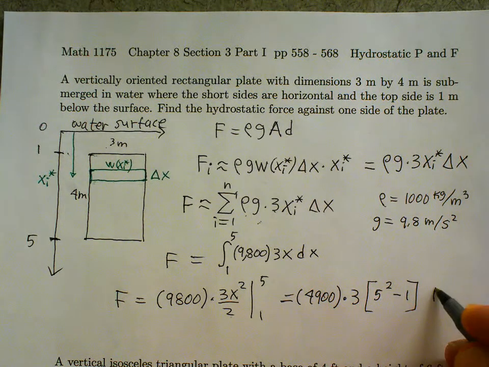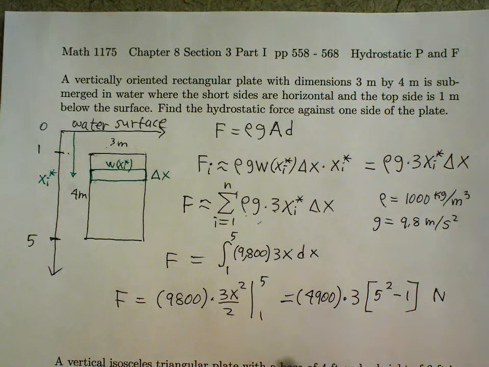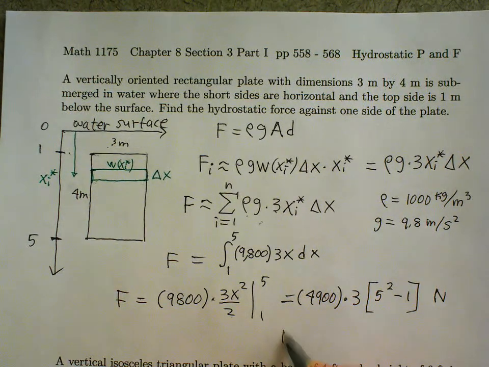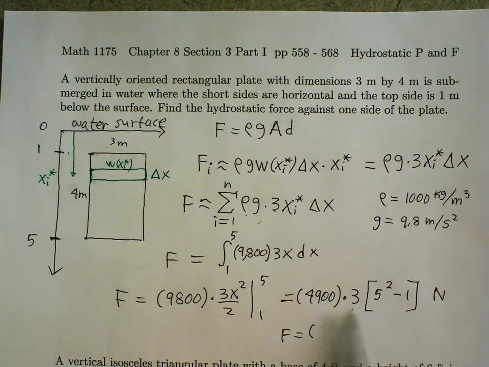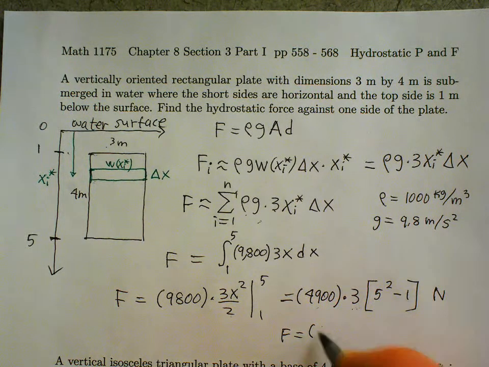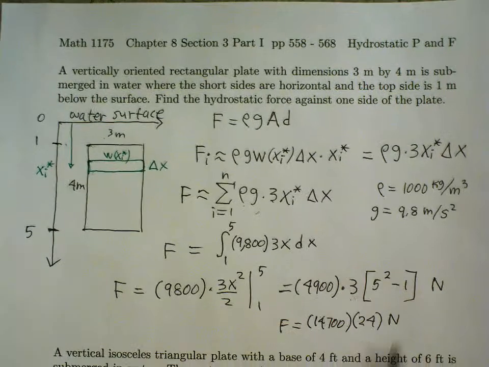So the units are newtons. Just a little more, 4,900 times 3 is 14,700. And then times 24, whatever that is. That's the hydrostatic force measured in newtons.